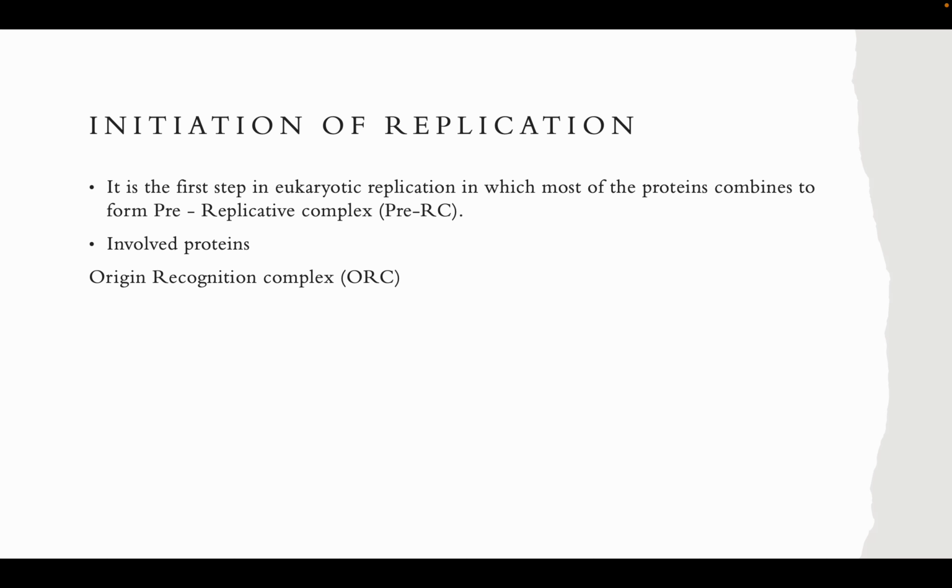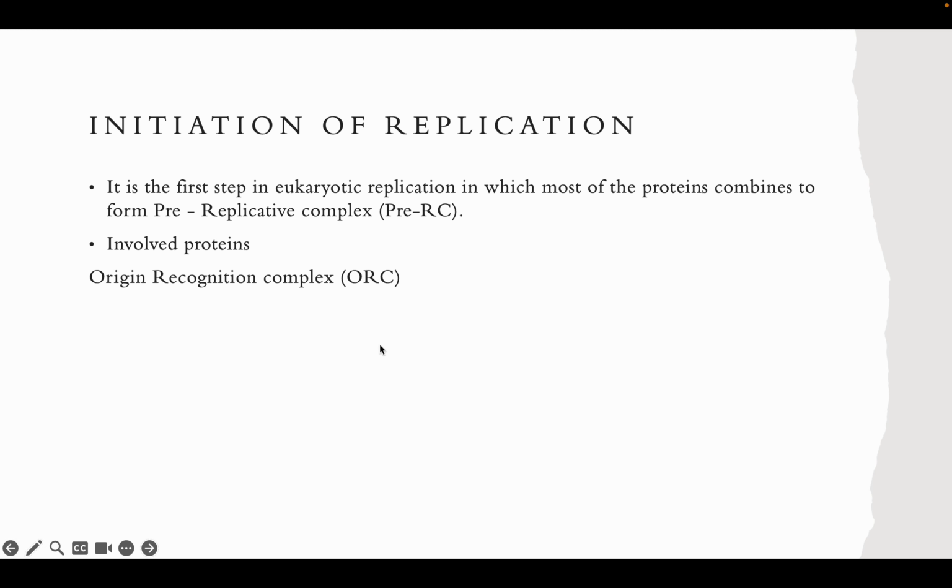First is the origin recognition complex, a complex of 11 different proteins which binds to the ORI site, the origin of initiation site, right? It binds to the site and then recruits different enzymes and proteins.